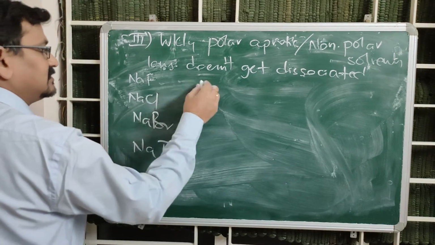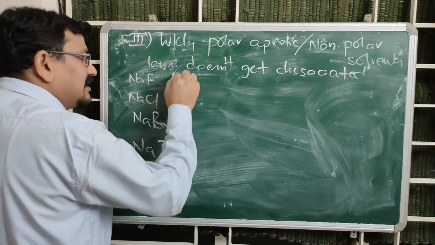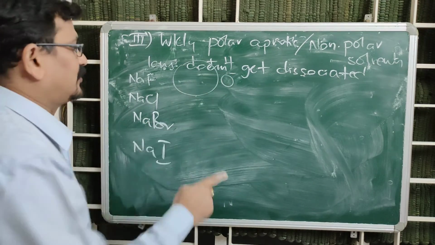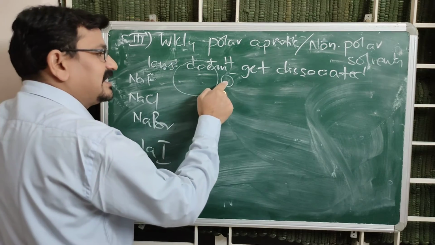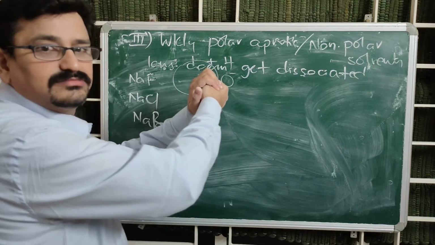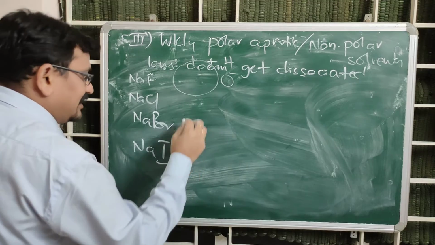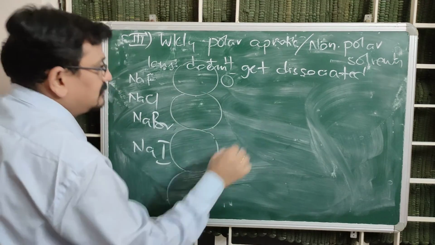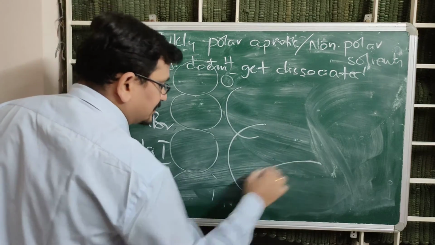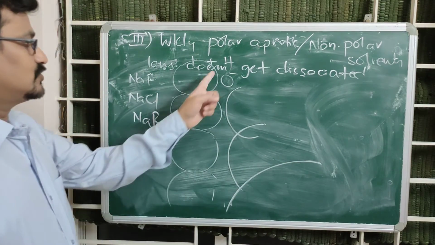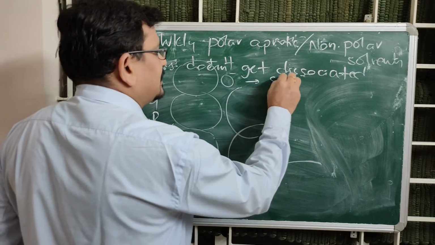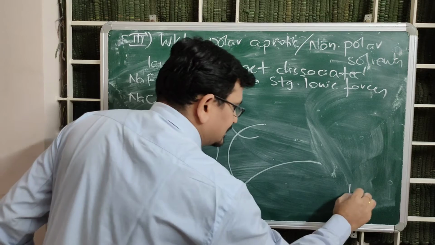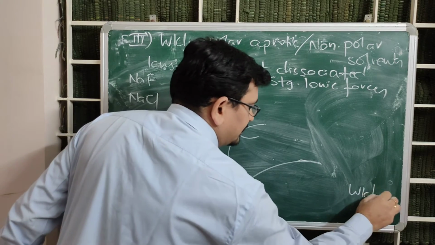Because of that, what happens here? Large cation and small anion. According to Fajans' rules we studied in chemical bonding, whenever the cation is larger and the anion is smaller, they will be held strongly, a strong ionic bond. As we move down the group, the size of the cation remains the same, but the size of the anion is increasing. So here strong ionic forces will be operating, whereas here weak ionic forces will be operating.